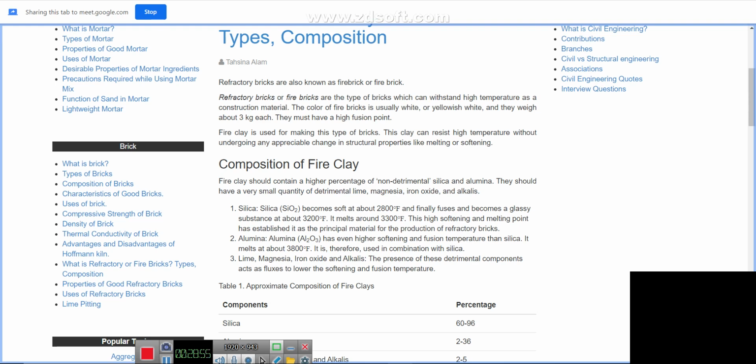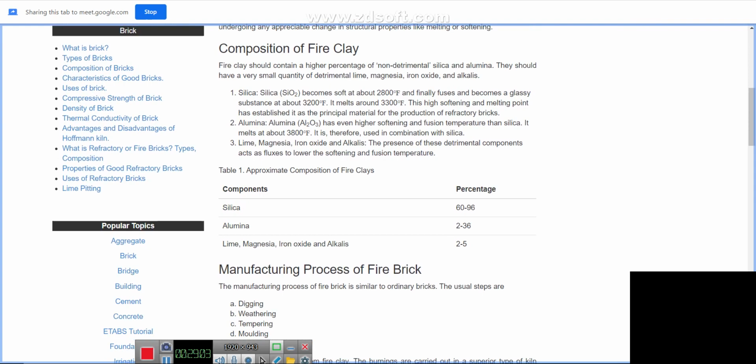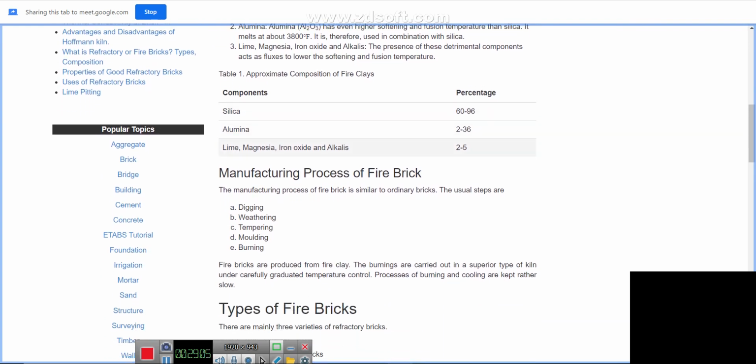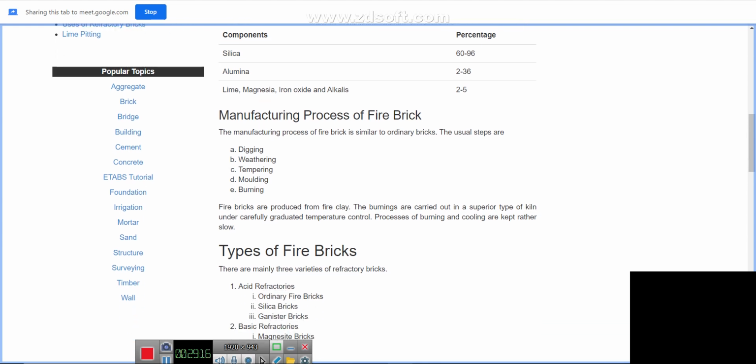So fire clay can resist high temperature without undergoing any appreciable changes in their property. Such clay is known as a fire clay. So fire clay will be having composition like silica will be 60 to 96%, alumina will be 2 to 36%, and some minor amount of lime, magnesia, iron oxides and alkalis.